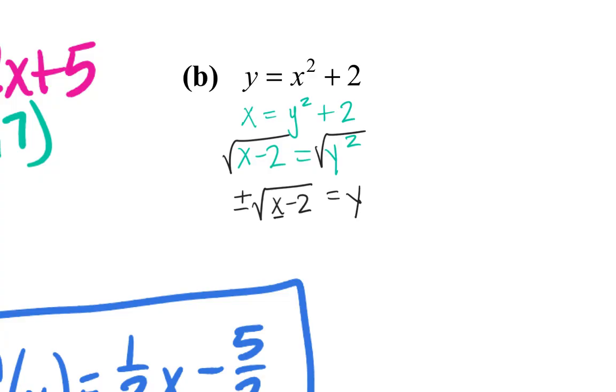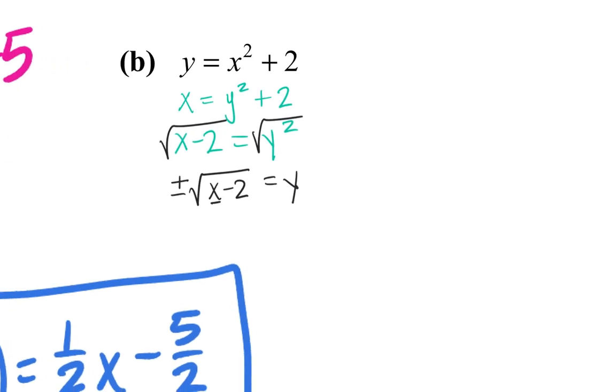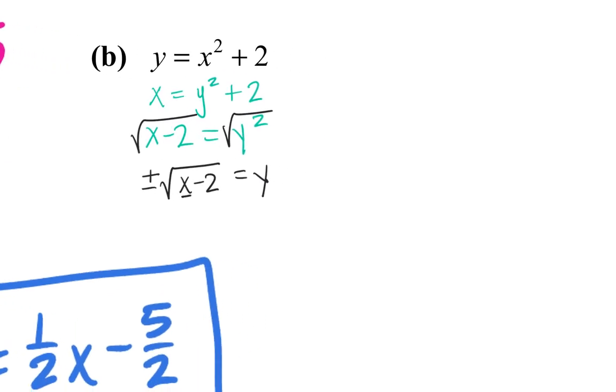So for example, just to show you what I'm talking about, let's plug in a number. Actually, let's just do 4 so that we actually have a number. 4 minus 2 is 2.